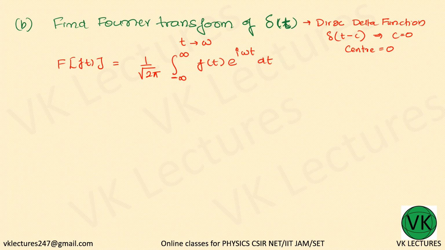So that's equal to, let's write what f of t is: 1 divided by root of 2 pi, integral from minus infinity to plus infinity, f of t is delta of t, and e to the power i omega t dt. For the Dirac delta function, we know that the center is 0. So the center is lying between the limits minus infinity and plus infinity.